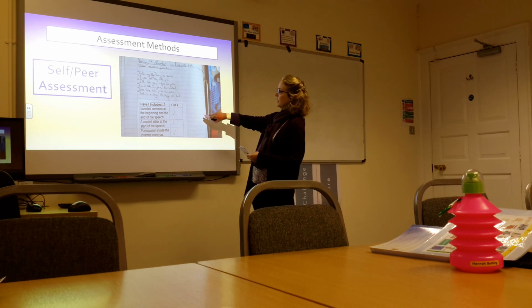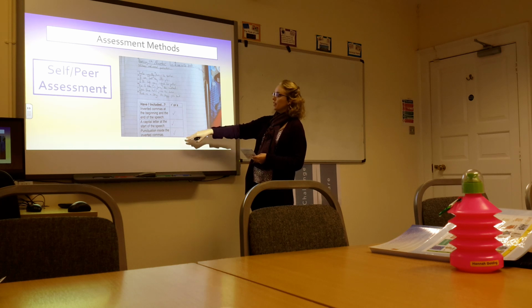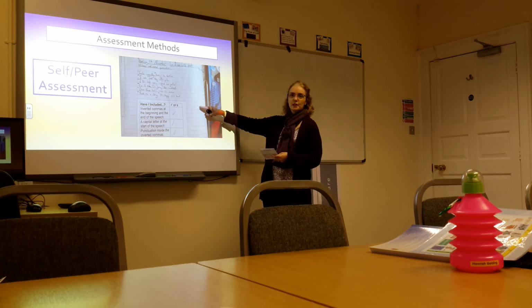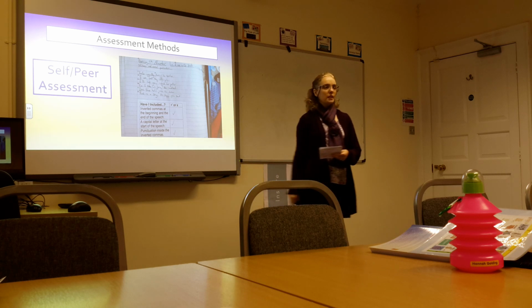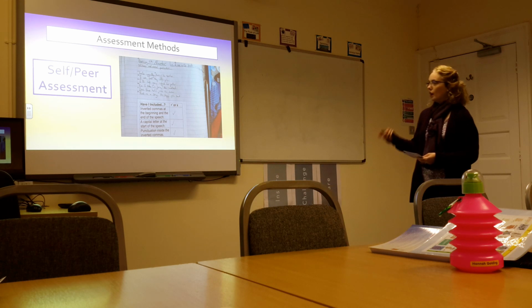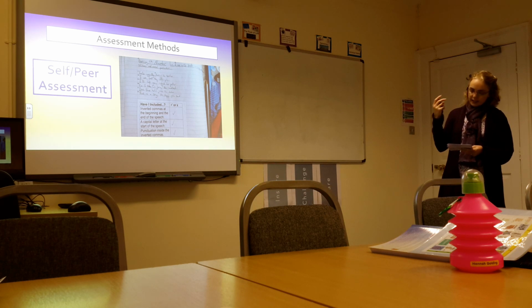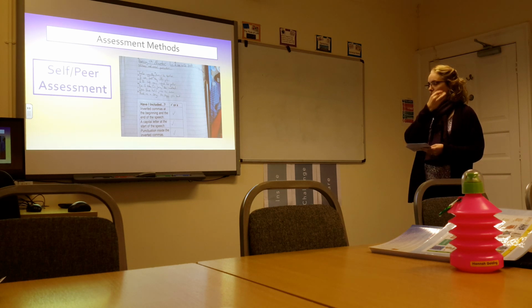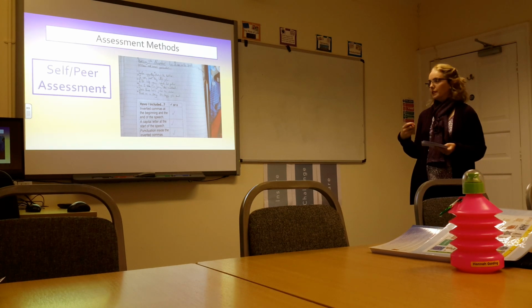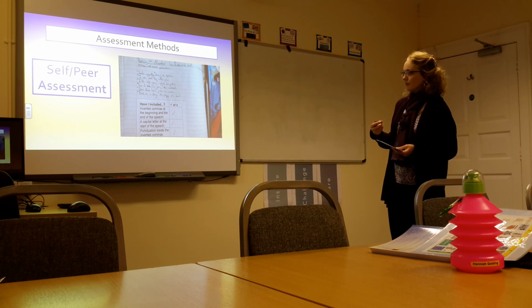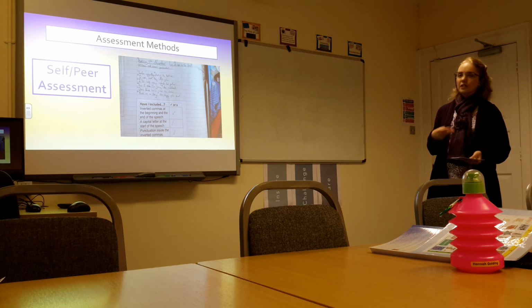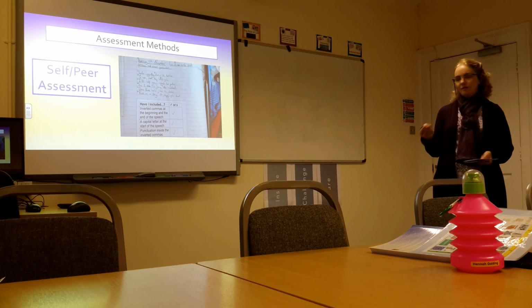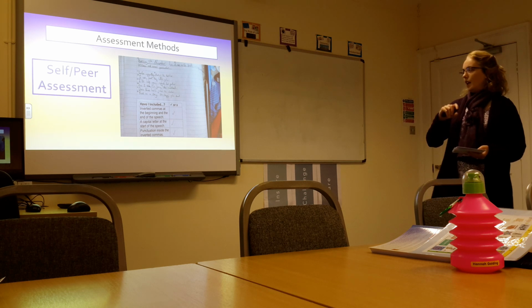We do extend these charts sometimes, so this is their self-assessment, and they might then give it to a peer to peer assess, and then we have a third column for the teacher to assess as well. But that's a really basic one. If there's something I'd like to use more, I need to get more into using it and have them really proficient, because I think some are more able to do it than others.